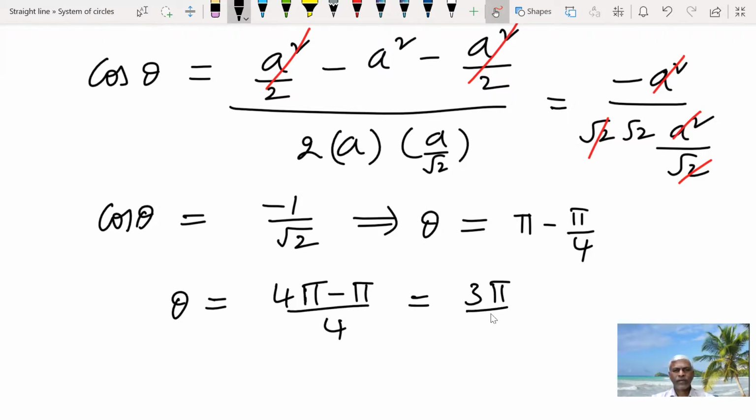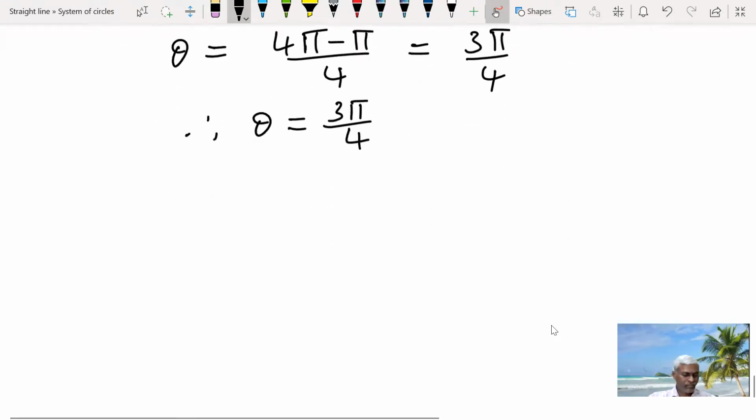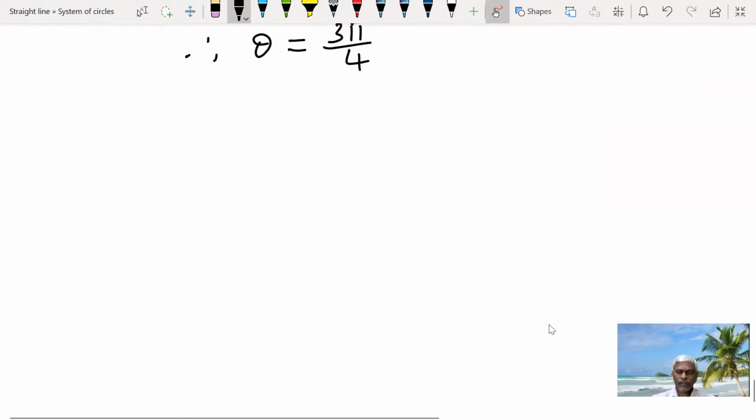That is 3 pi by 4. We have to show that the angle is 3 pi by 4, that is 135 degrees. Let us take up one more problem.